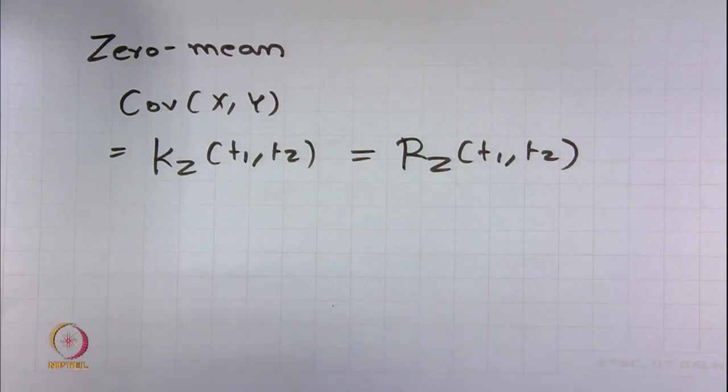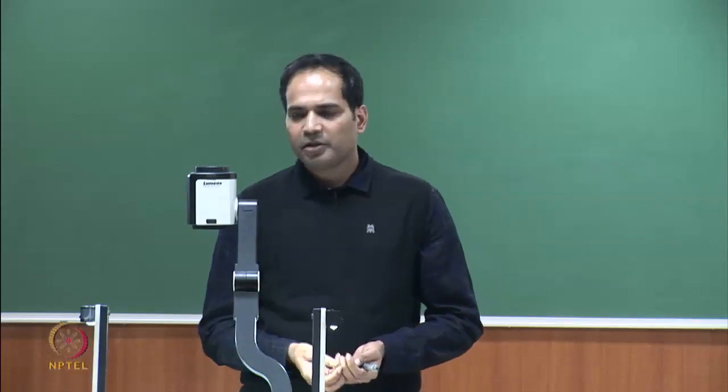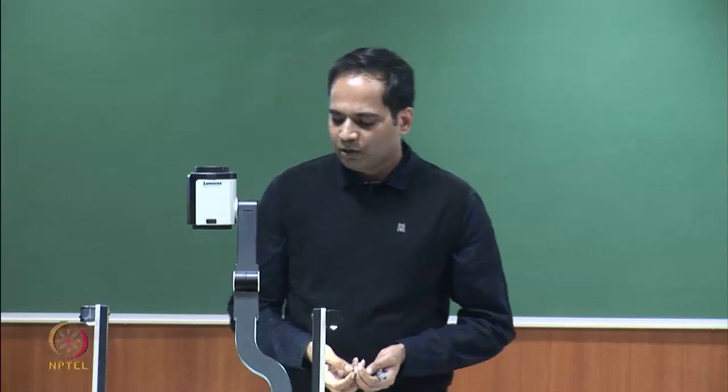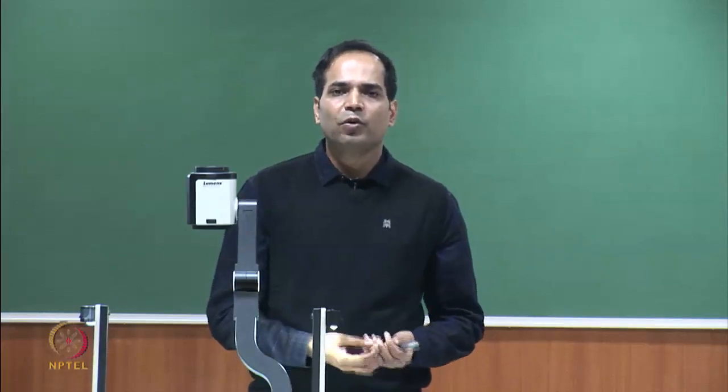The difference between covariance and correlation only comes in terms of mean. If something is zero mean, then either you can talk in terms of the covariance function or in terms of the correlation function, it means one and the same thing, right. So, whatever we have said for the covariance function also remains true for the correlation function.